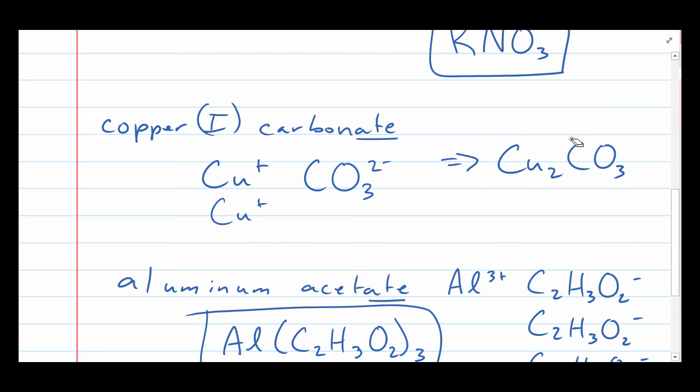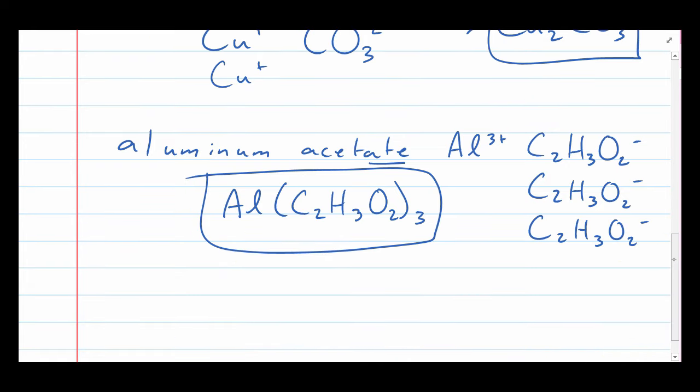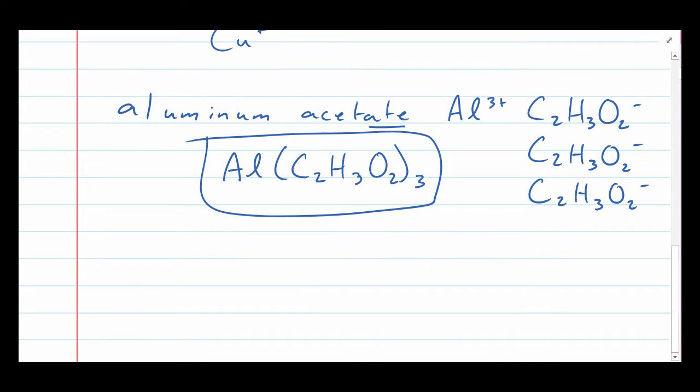These formulas are not written with parentheses unless there's more than one of a polyatomic ion. So if you include parentheses on here, I will mark it wrong on your exam. If you put it in Mastering Chemistry, it will not be accepted with parentheses around there. It'll only be here if there's more than one of that particular polyatomic ion. And we'll keep going if there's no questions.